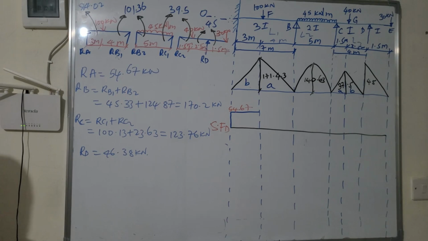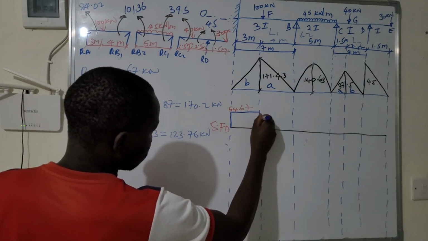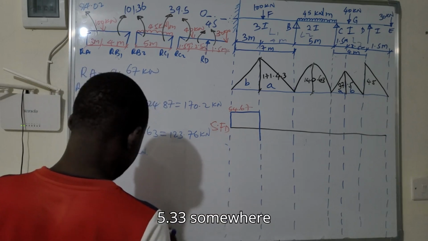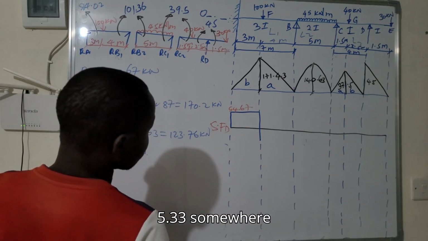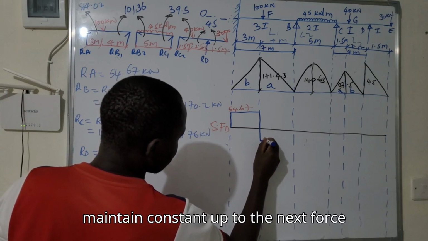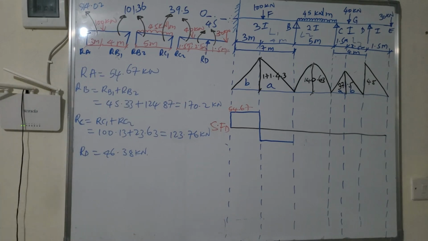It will give you negative 45.33, somewhere like there. Then we will maintain constant up to the next force, like that.